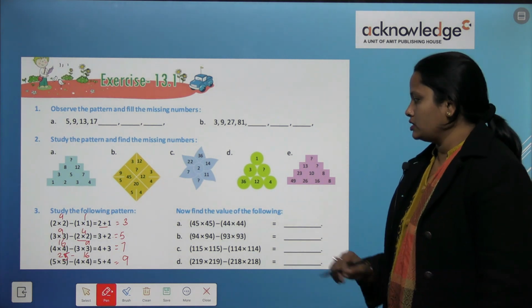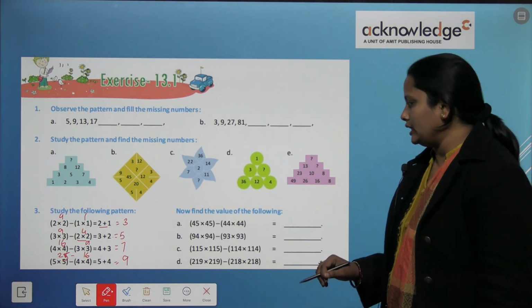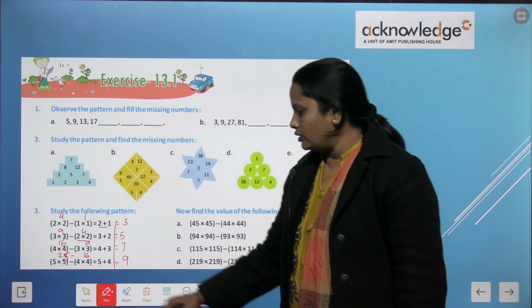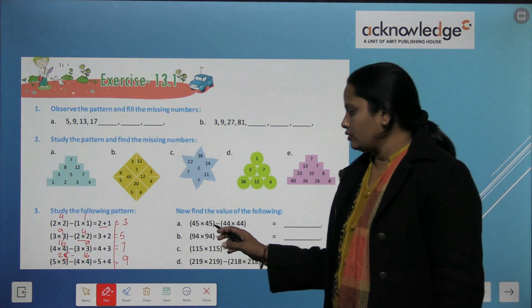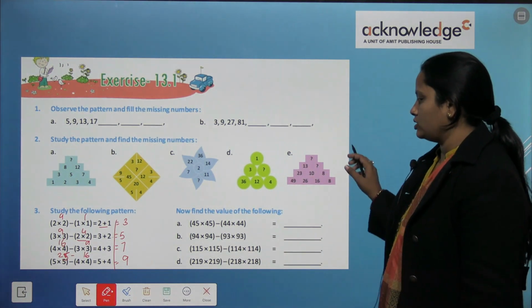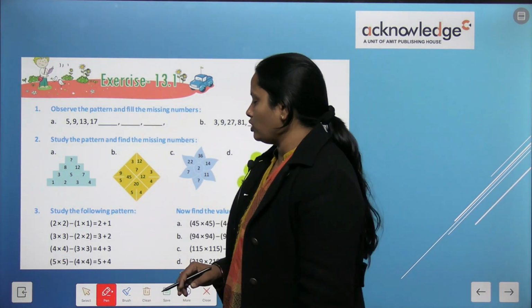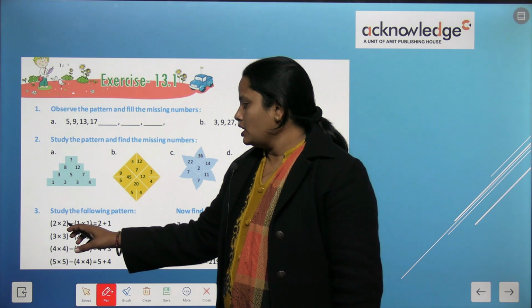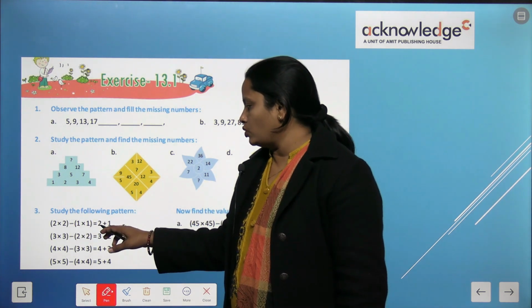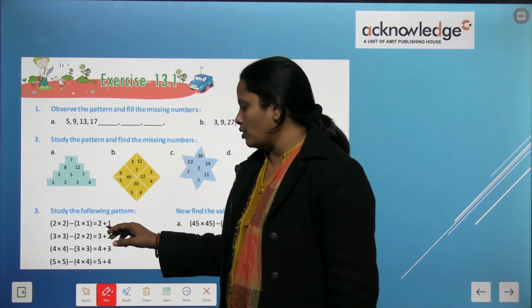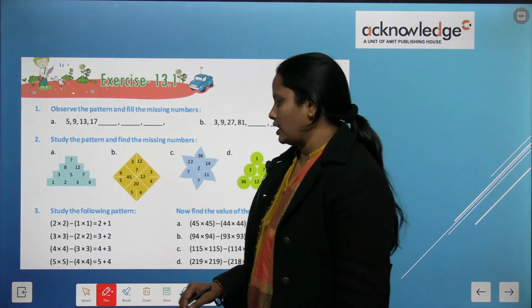इन numbers की value आपको निकालनी है जैसे यहाँ पे निकली हुई है. So हमें क्या करना है? 45 multiply 45. Children, in this question number 3, what we have to do? हमें क्या करना है? We have to observe it. हमने क्या देखा कि यहाँ से 2 को हमने यहाँ पे कॉमन लिया, यहाँ से 1 को कॉमन लिया, दोनों को ऐड कर दिया है.